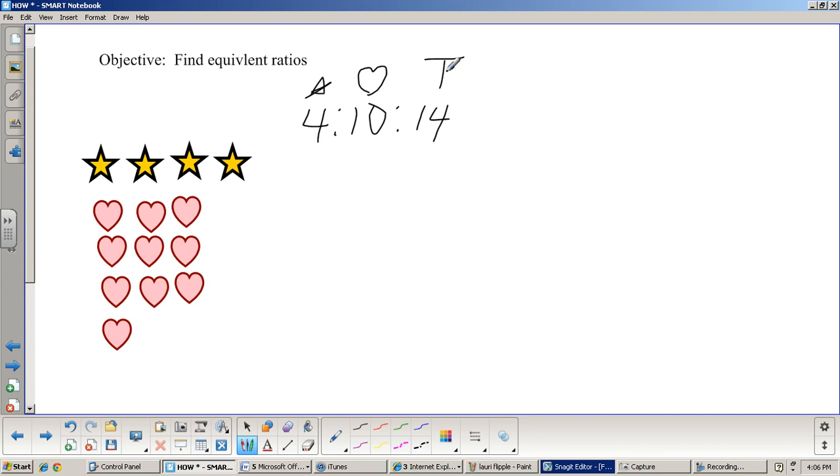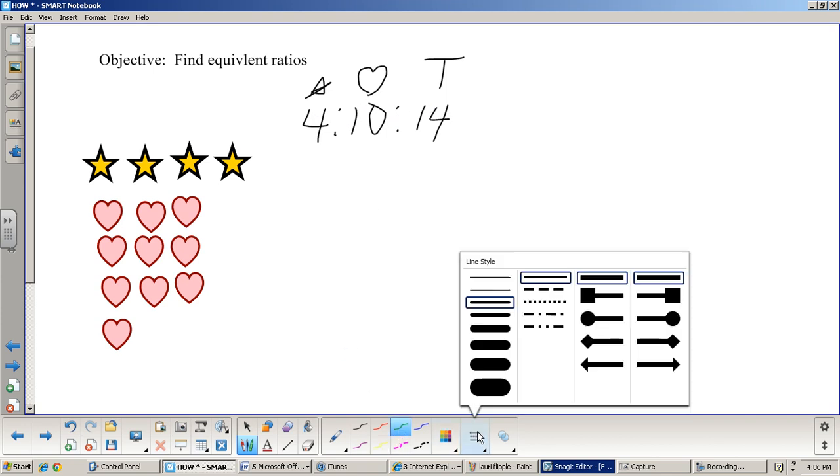So my question to you is, is this ratio in its simplest form? And in order to figure that out, I need to see if there are common factors that 4, 10, and 14 share. Are there factors that go into all 3 of these numbers? And the answer is yes, absolutely.